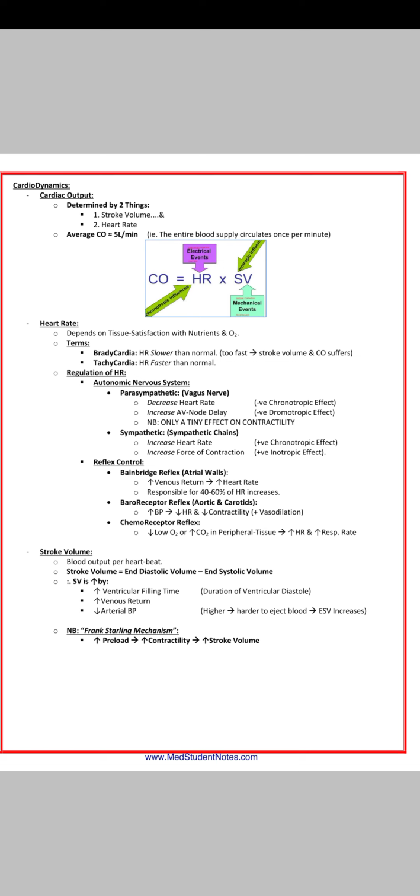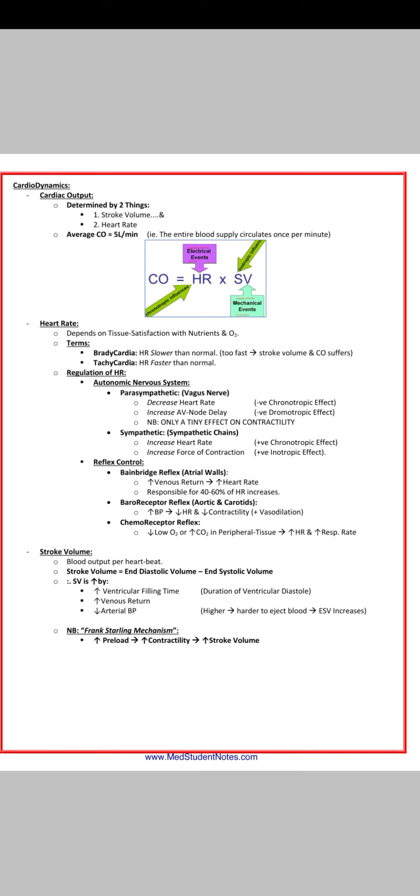The increased heart rate is known as a positive chronotropic effect. The increased force of contraction is a positive inotropic effect. A delay in the AV node is the dromotropic effect. An increase in the force of contraction of the ventricles is inotropic.